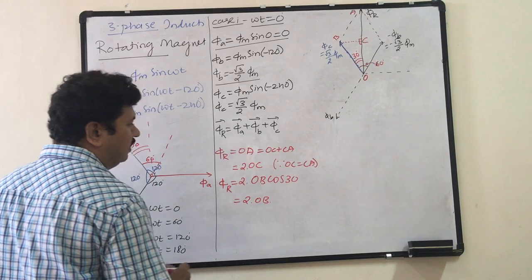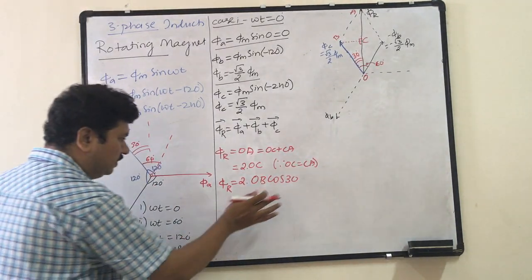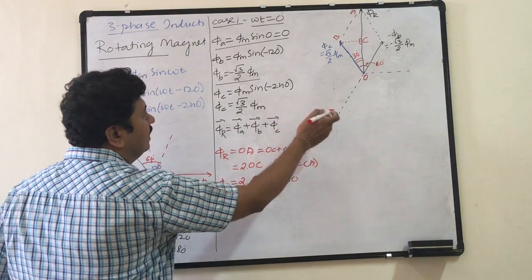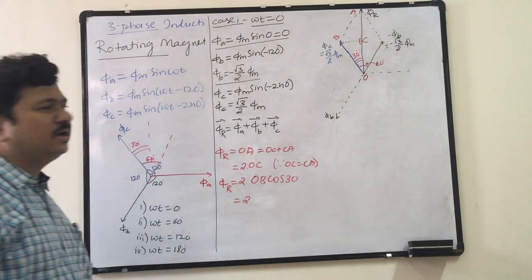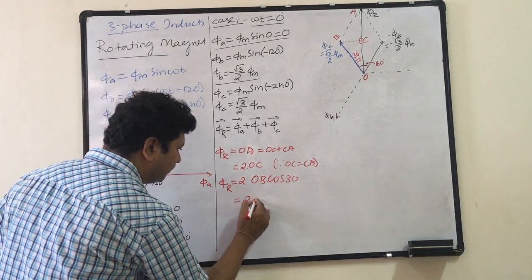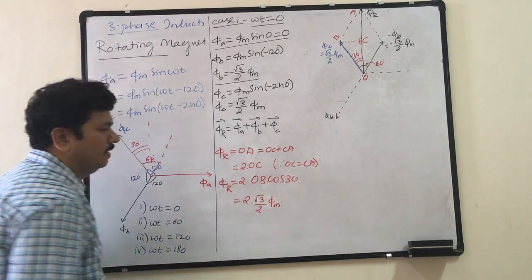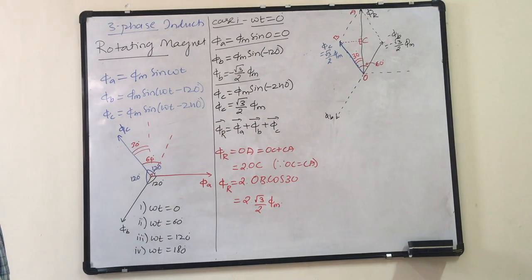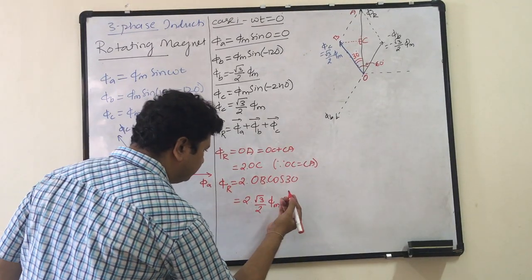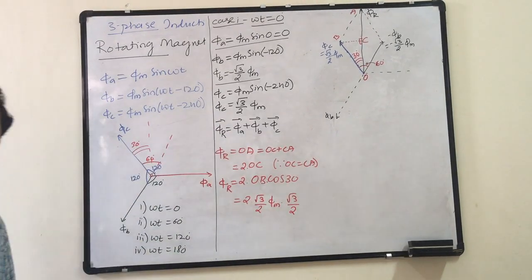What is OB? We will substitute. OB is nothing but my vector phi C, which is equal to root 3 by 2 phi m. So OB is equal to root 3 by 2 phi m, and cos 30 is root 3 by 2, 0.866.